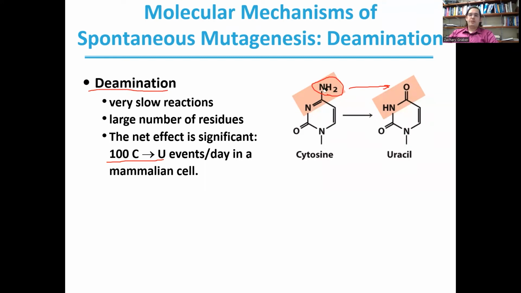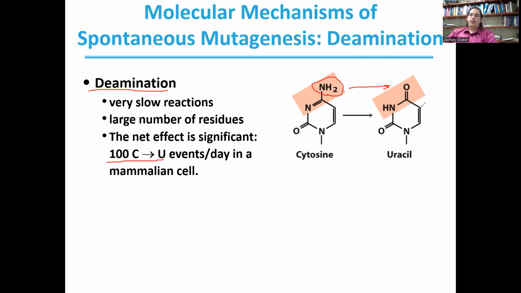This deamination reaction actually shows us one of the advantages of using thymine in our DNA as compared to uracil. If we used uracil in our DNA, then as this deamination reaction occurred, we would be producing more uracil, and we wouldn't be able to tell that uracil apart from our other uracils that are already in our DNA. So it would be hard to even notice that we had DNA damage here from our deamination reaction, because it would just look like normal uracil within our DNA.